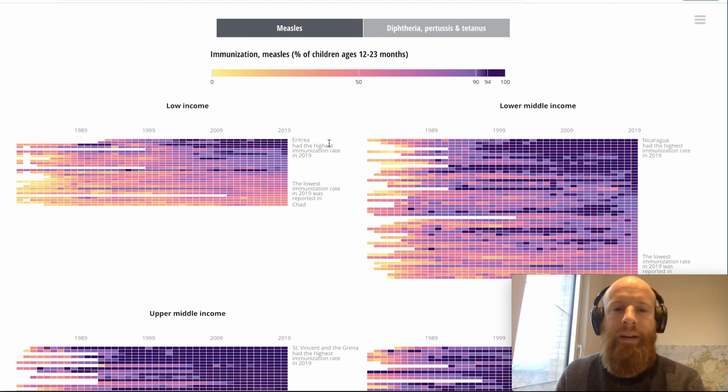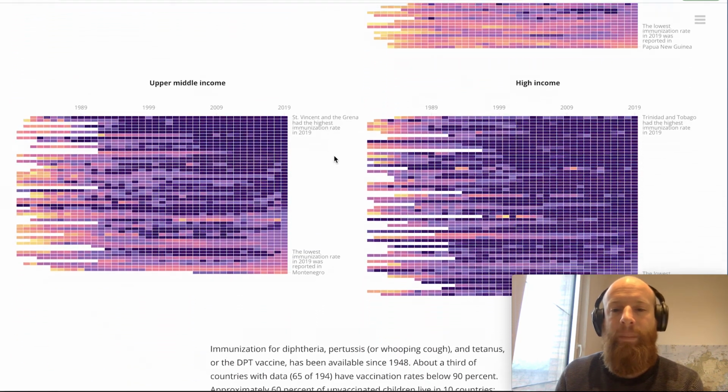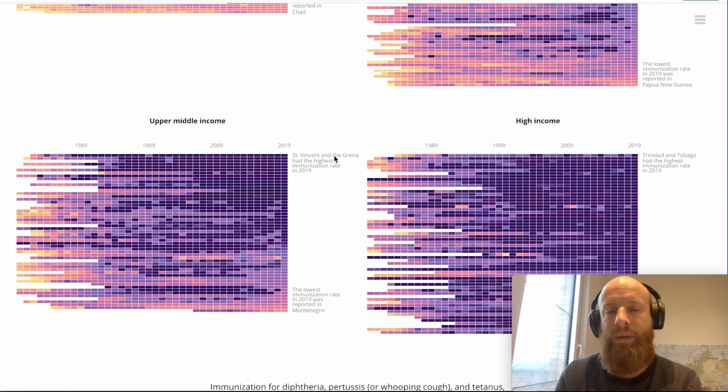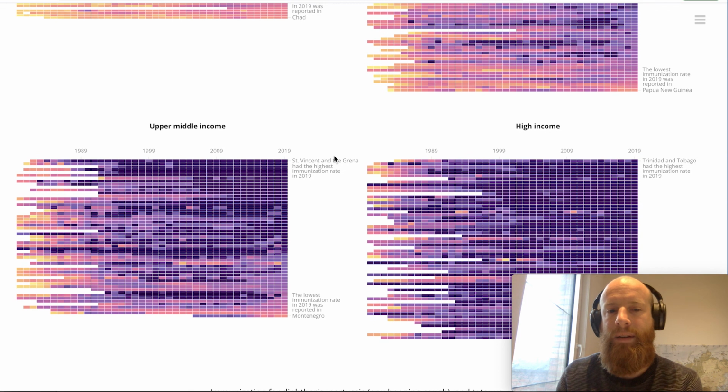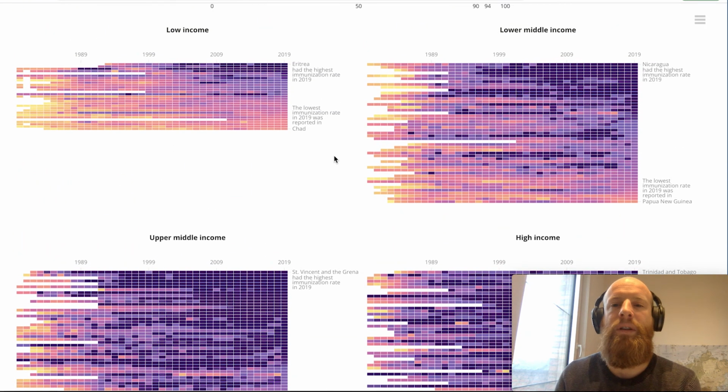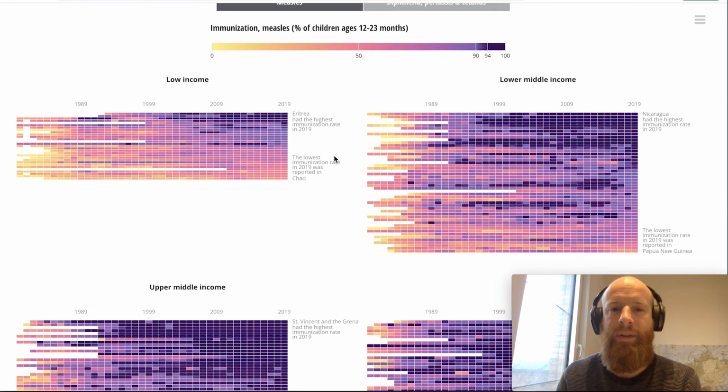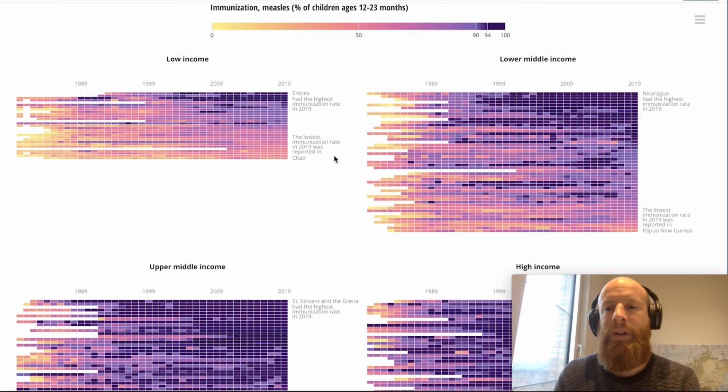So each line is a country and each column is a year. So we are going from the beginning of the 1980s up until 2019. And as you can see, we are packing here some 200, no, they're probably less. I think there are some 120 countries represented in this visualization. This would be impossible to do with a line chart.